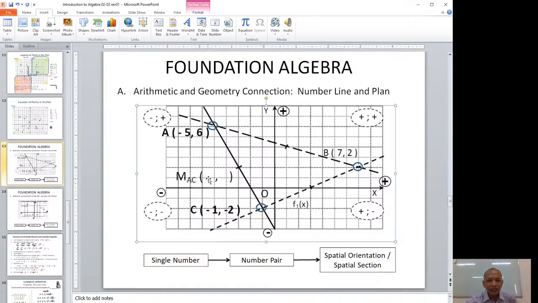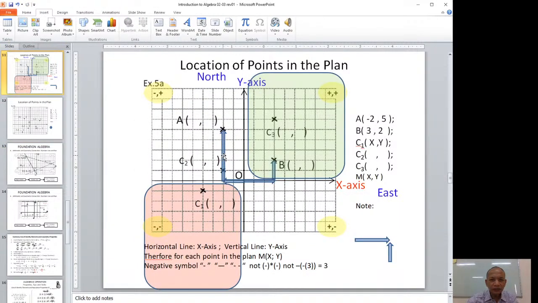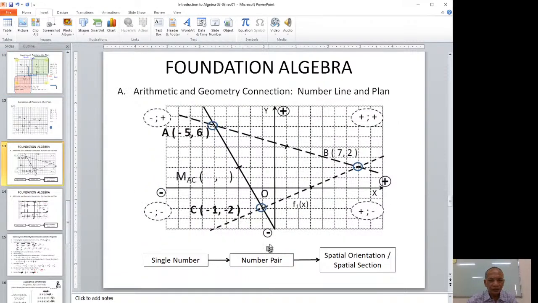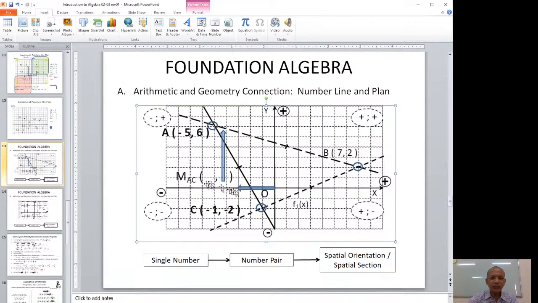So MAC must have x equal, if you see it, you can count it: 1 grid, 2 grids. X equals negative 3.